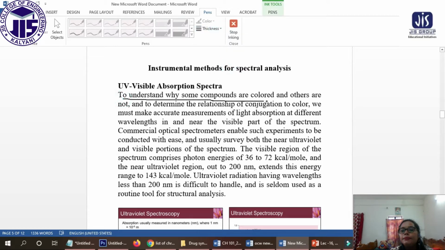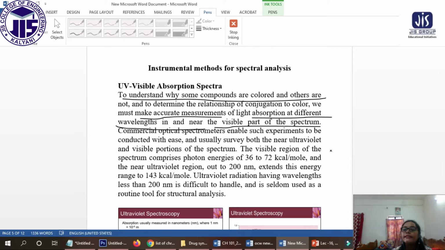To understand why some compounds are colored and others are not, and to determine the relationship of conjugation to the color, we must make accurate measurements of light absorption at different wavelengths in and near the visible part of the spectrum. Generally, some of the molecules are colored, some are not.